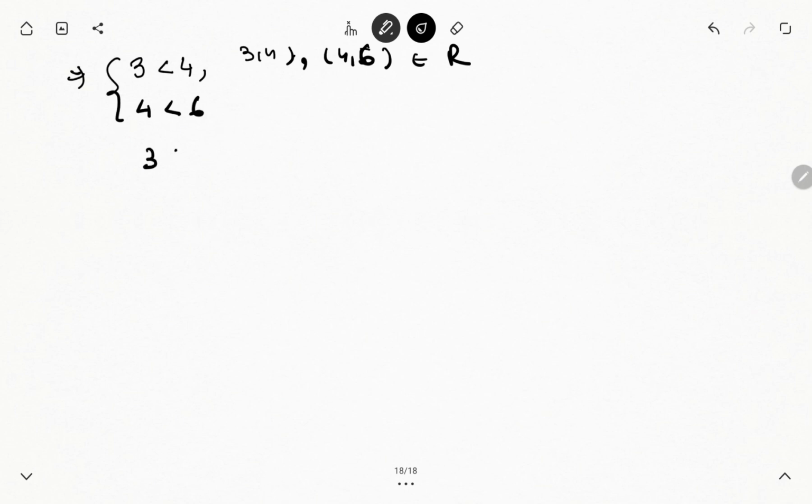I'm giving you a real example. 3 is less than 4, and 4 is less than 6. So combining these two, 3 is less than 4 and 4 is less than 6 implies 3 is less than 6. And this implies R is transitive.